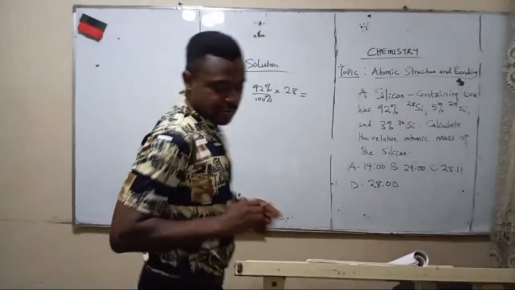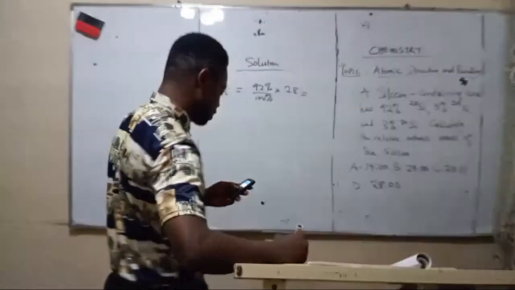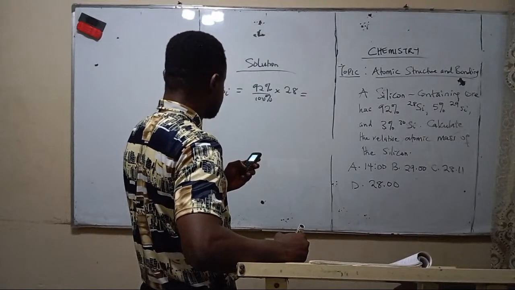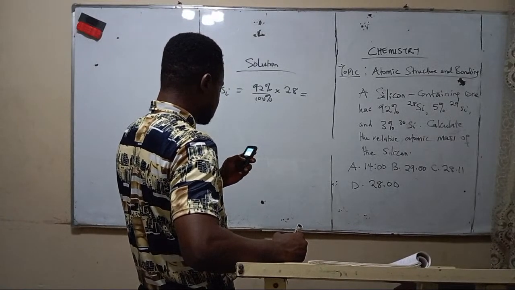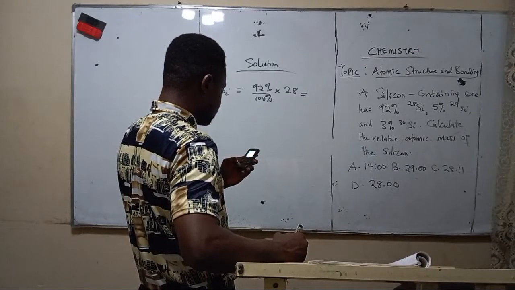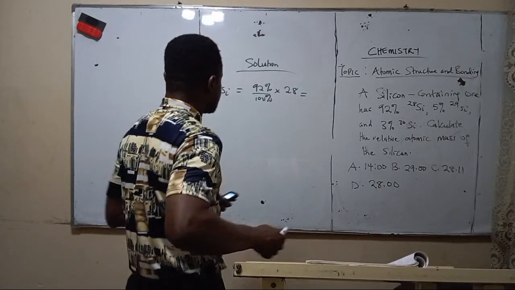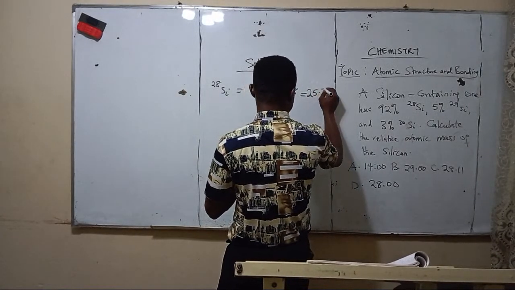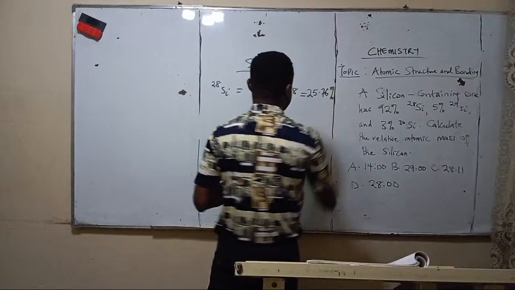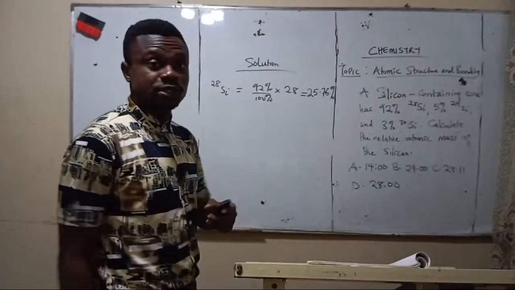Let me use my calculator so we don't waste time. This will give us 92 times 28 divided by 100, which is 25.76. That's for silicon 28.